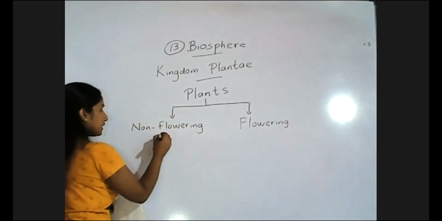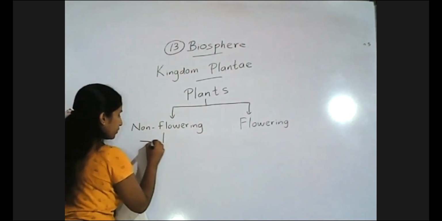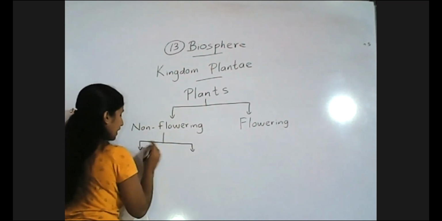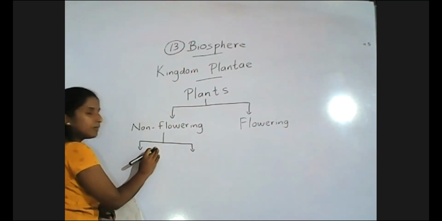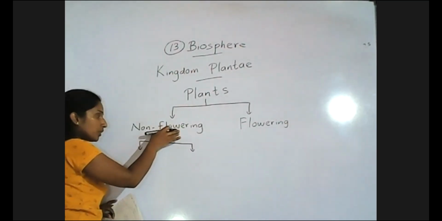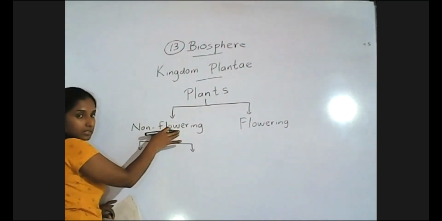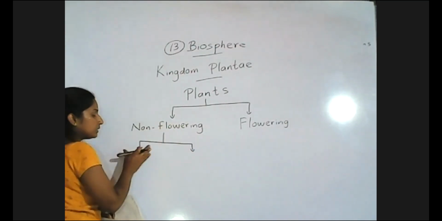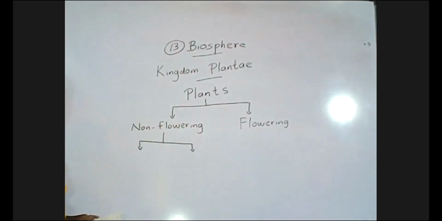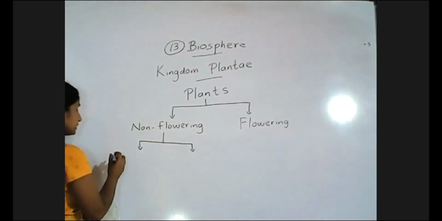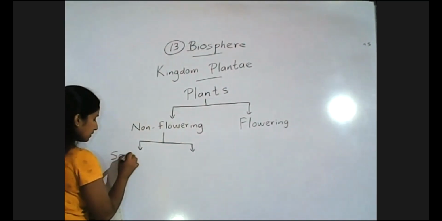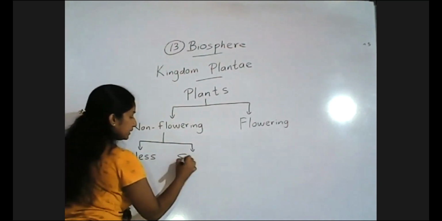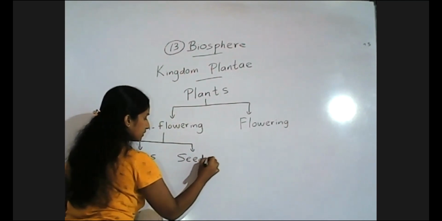When we consider non-flowering plants, if they do not have flowers, mostly they do not have seeds. But there are some plants that do not bear flowers but have seeds. So non-flowering plants we again divide into 2: seedless plants and seeded plants.